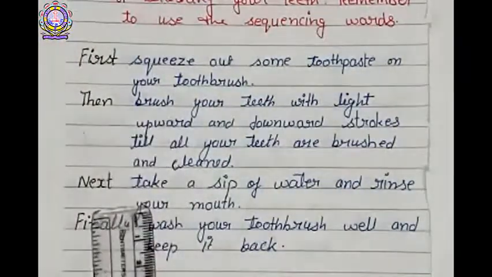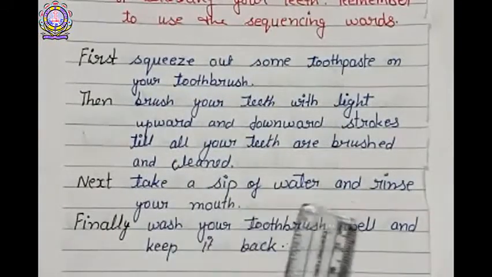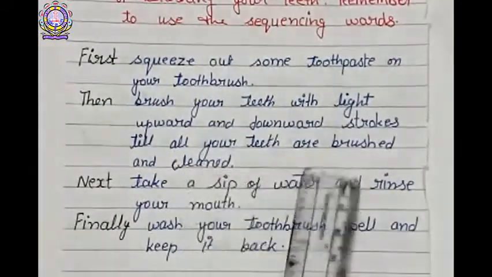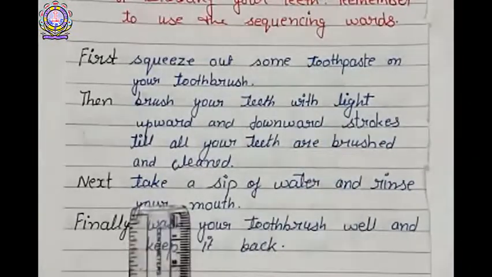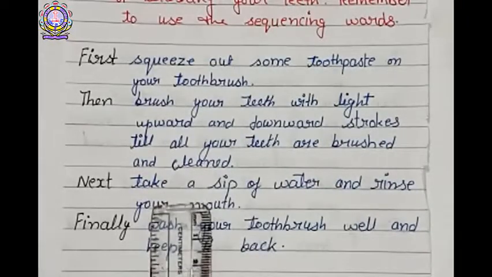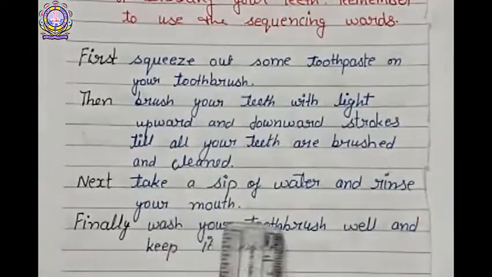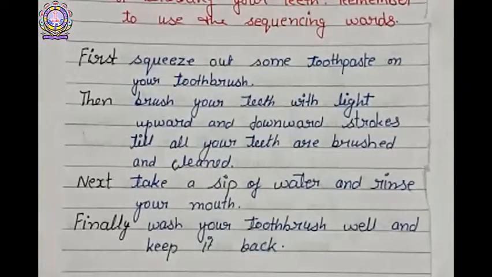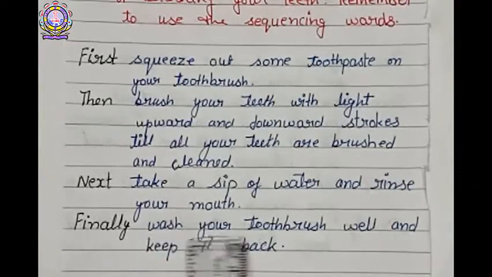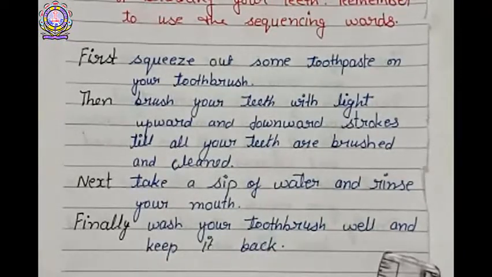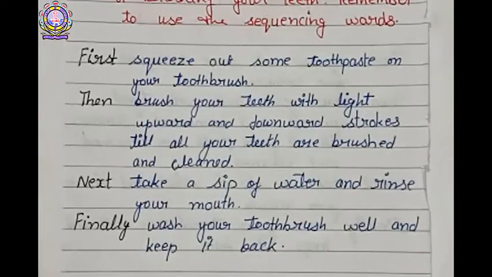Then we will use next. Take a sip of water. When you clean your teeth, then you put some water in your mouth. So take a sip of water and rinse your mouth. And the last, finally, wash your toothbrush well and keep it back. Okay students, you have to write like this.